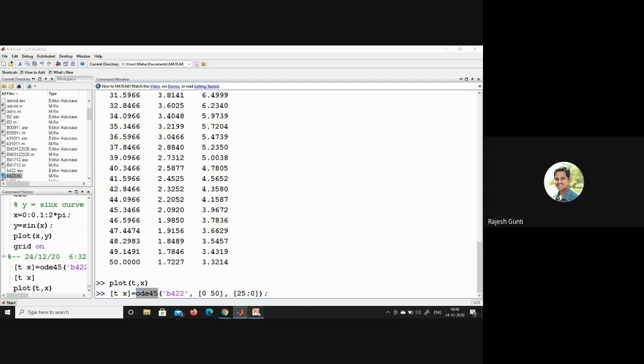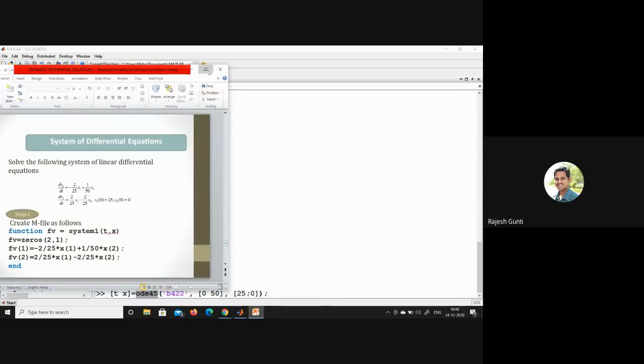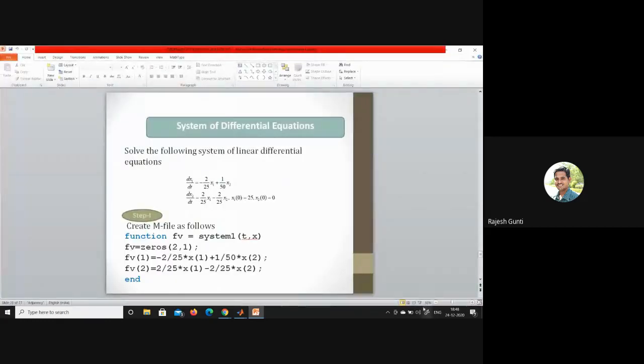Like ODE45, there are some solvers available in MATLAB.